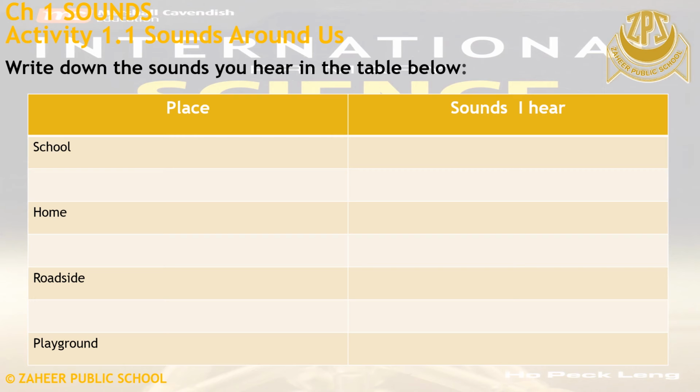There are some places given to you, and you have to write down the sounds which you have heard from that place. Like in the school, you heard the school ringing bell, and in the home you heard the doorbell, and on the roadside you heard the sounds of horns, and in the playground you heard the voices of the children shouting. Okay, so you have to write down all this in your activity book.